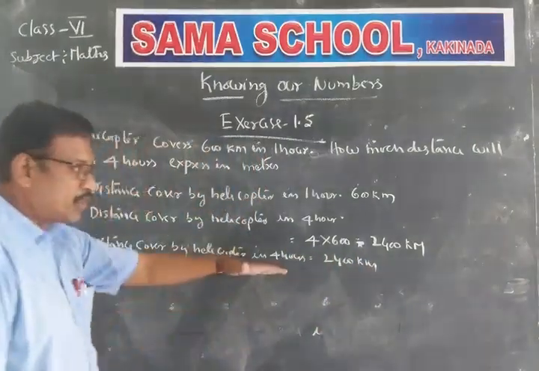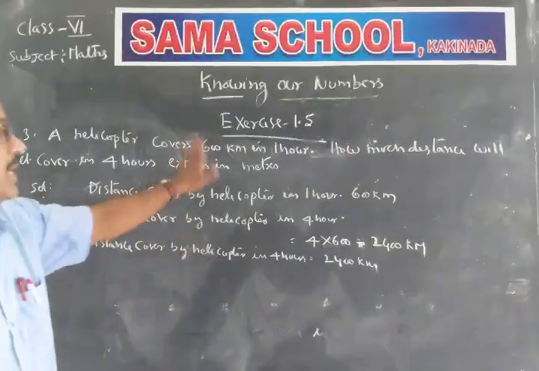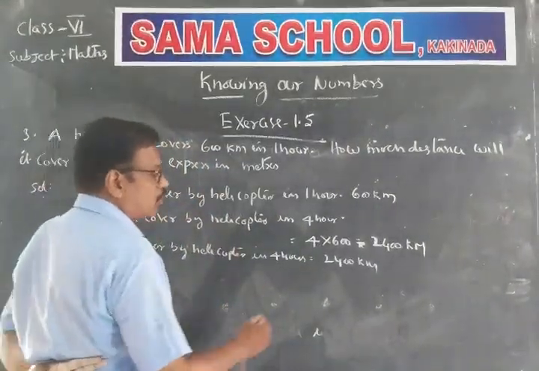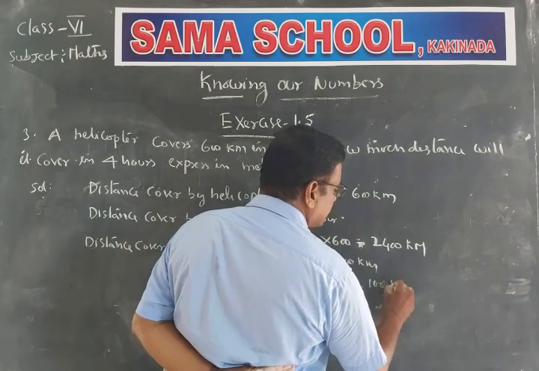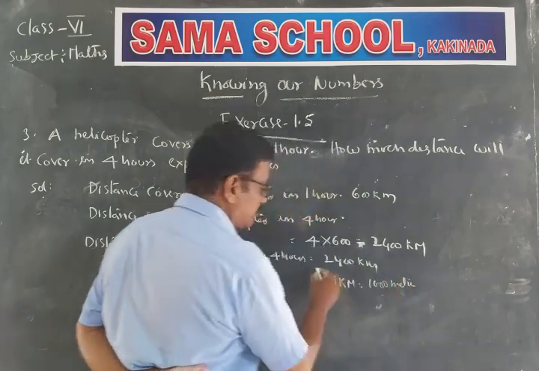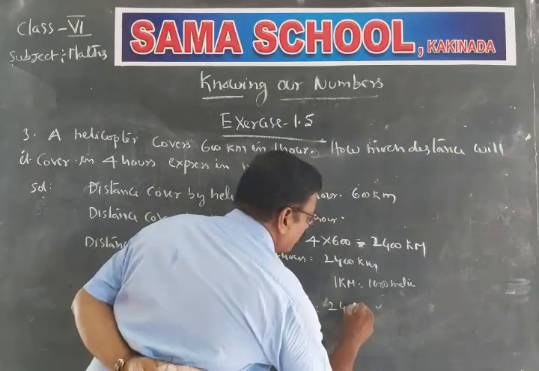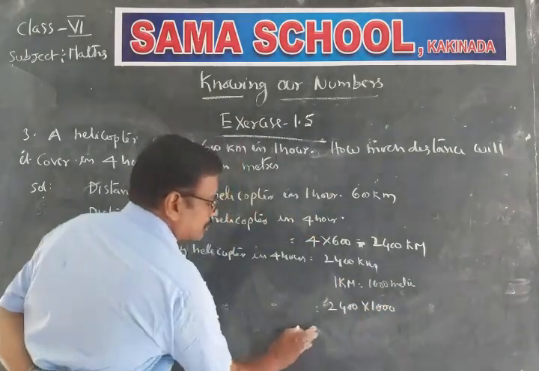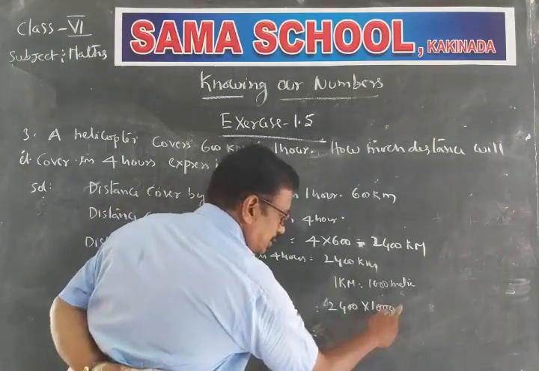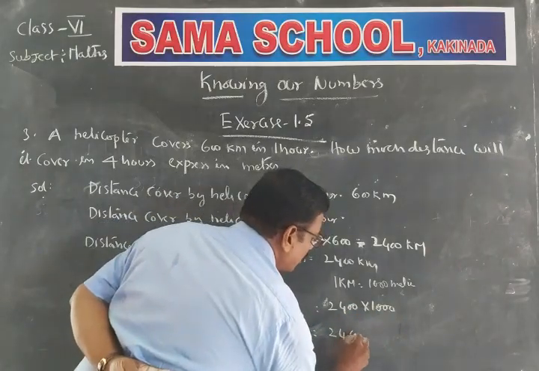Now convert 2400 kilometers to meters. Express in meters. 1 kilometer is how many meters? 1 kilometer is equal to 1000 meters. So 2400 into 1000. Keep the 2 zeros, and in total 5 zeros.